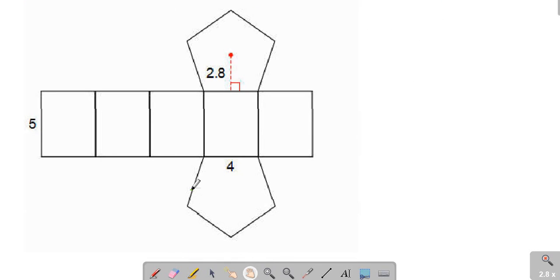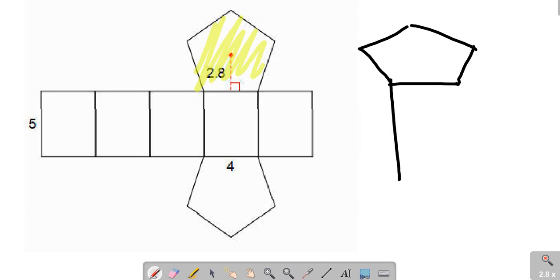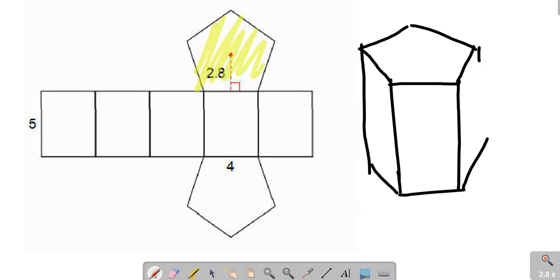Okay, this was a pentagonal-based prism, pentagonal base. So I'm going to start by drawing kind of a sideways pentagon here to represent depth. Drop it down. Now you draw another pentagon, and these back edges are dotted.